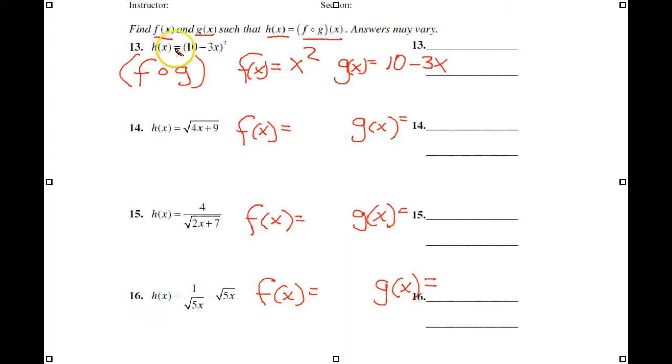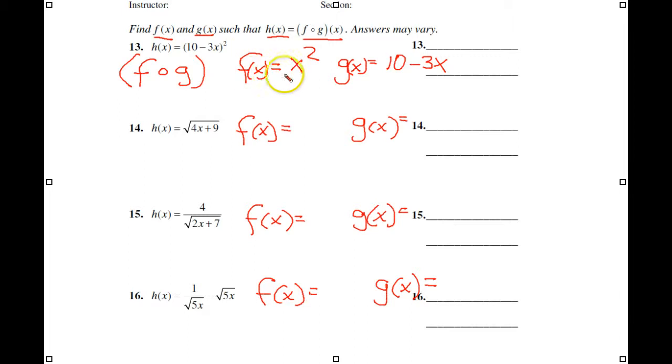So what we're saying is this is what we ended up with. So what could have been g? Well, g could have been 10 minus 3x. And if that's your g value, and you put it into this as your x, and then square it, then you end up with this.